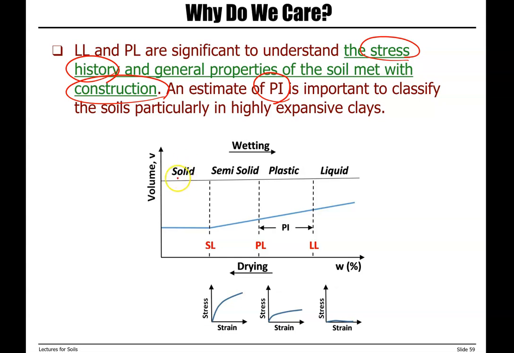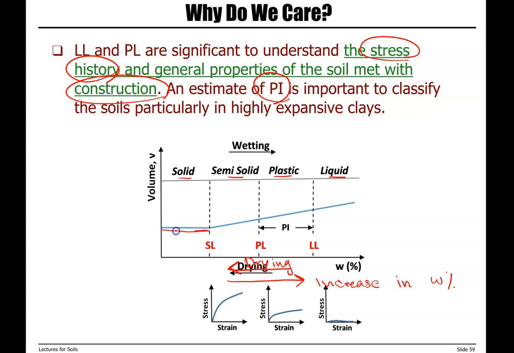So these are the 4 states. And this is the direction where we have increase in moisture content or water content. And the state changes with drying, and this is the direction of drying. And one more important thing is that when we have a solid material, when there's no moisture, with drying, there is no change in the volume of soil.